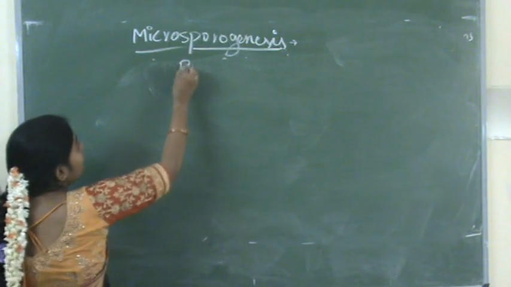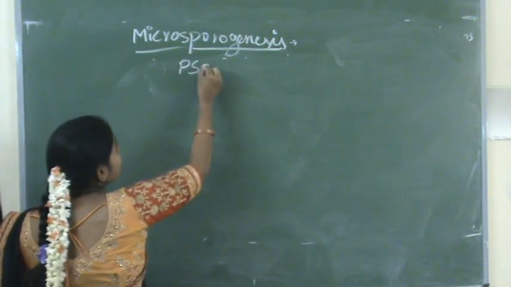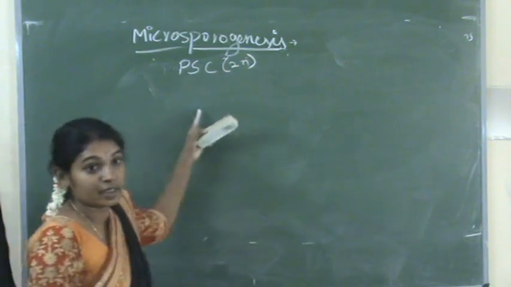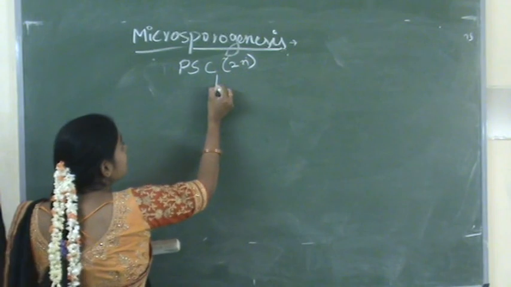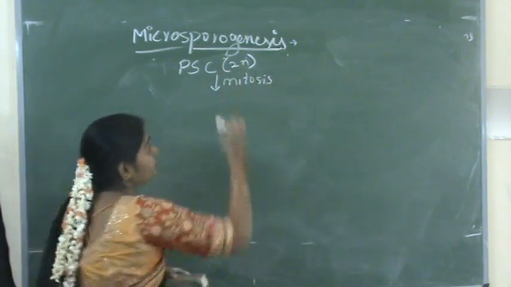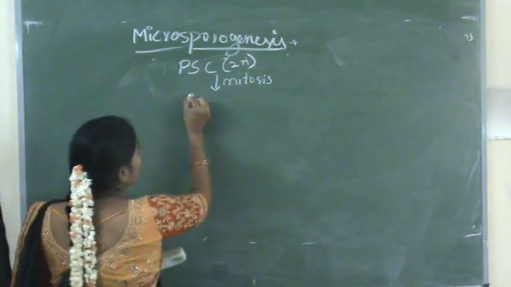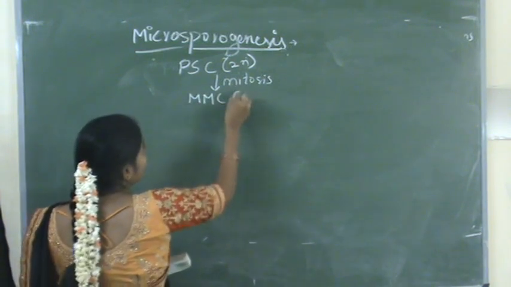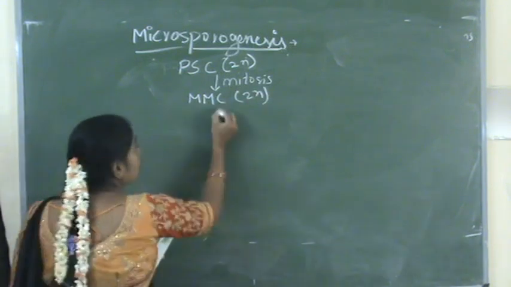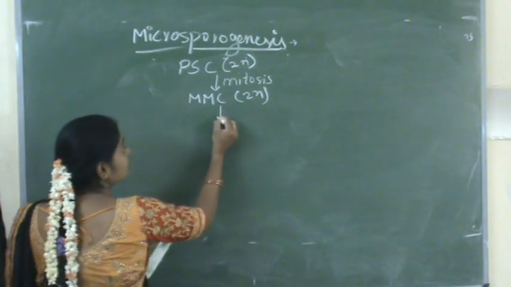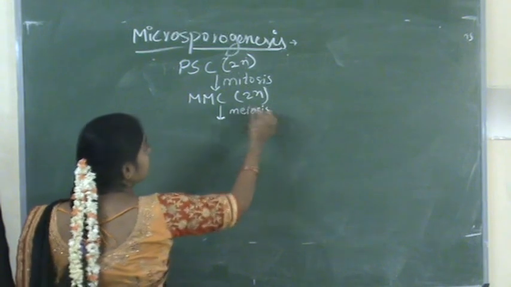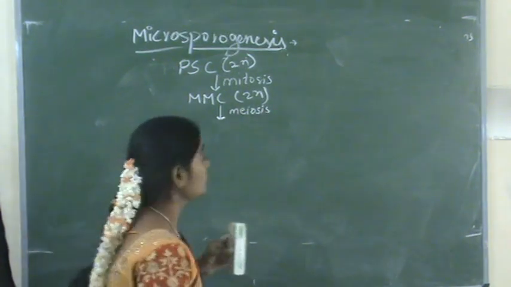So first, the primary sporogenous cell, which is in diploid condition. From this, as a result of mitotic cell division, microspore mother cells are produced, and these microspore mother cells undergo meiosis, meiosis 1 and meiosis 2.